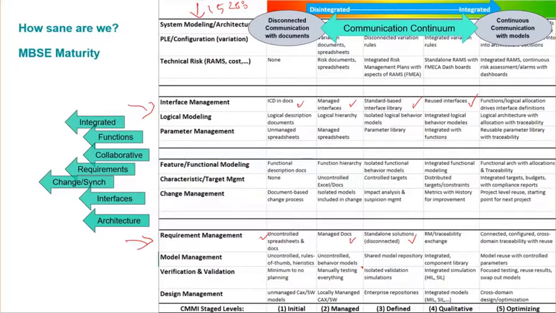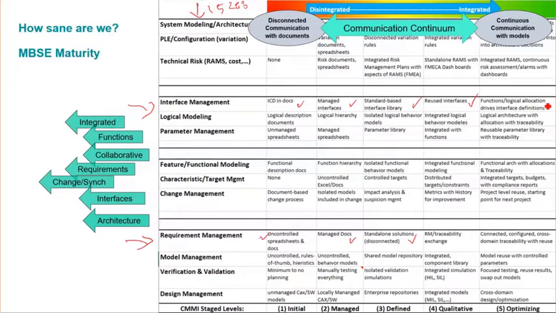And then if I carry those functions throughout the entire product lifecycle, that means that as they carry through, they can show up places. Like, for example, I can ask a wire and a harness, what are you doing here? And it can tell me what function it's carrying, or I can ask a hydraulic line or pipe, what are you doing here? And it can tell me the functions it's performing. So that represents, if you will, the maturity of disconnectedness to connectedness as far as MBSE is concerned.